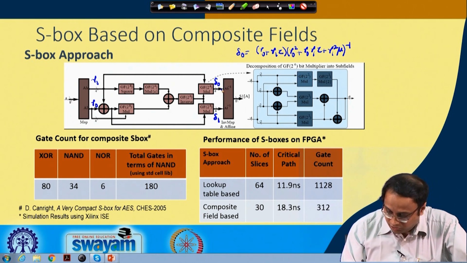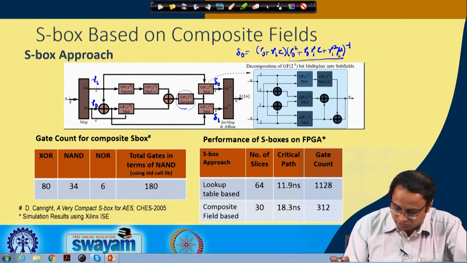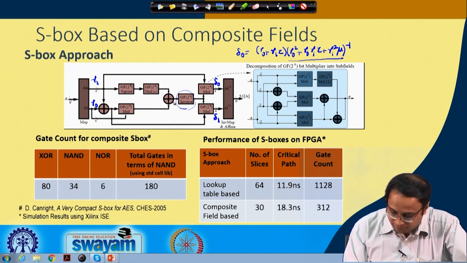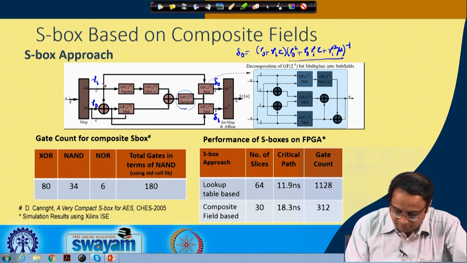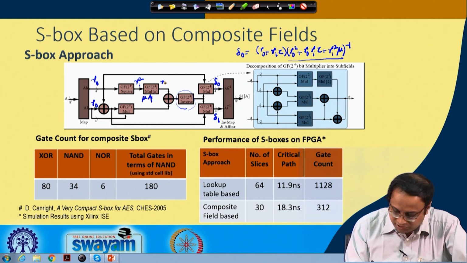Now you can note that this exactly is this part here. For example, this is the GF 2 to the power of 4 inverse, this inverse which is being computed. The input to this inverse is as follows: you have got gamma 1 as this input, you do a squaring here, so this becomes gamma 1 square, and then you do a multiplication with a constant, and this constant is nothing but mu. So you calculate gamma 1 square mu here.